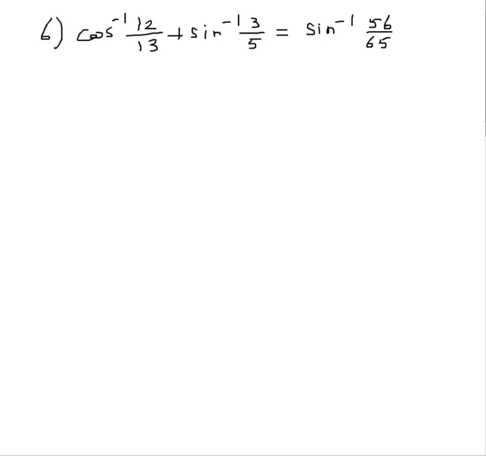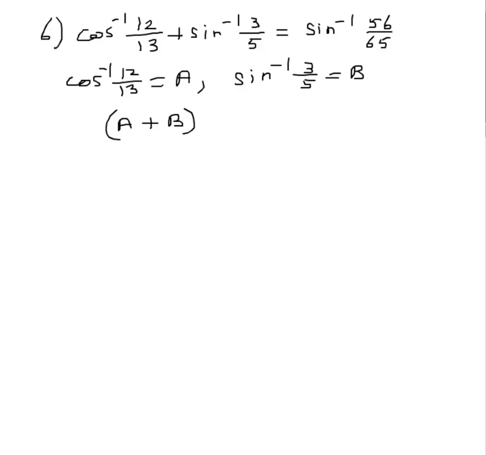So let us take cos inverse of 12 by 13 as A and sin inverse of 3 by 5 as B. So the left hand side is A plus B, and on the right hand side we have sin inverse, so we will find sin of.